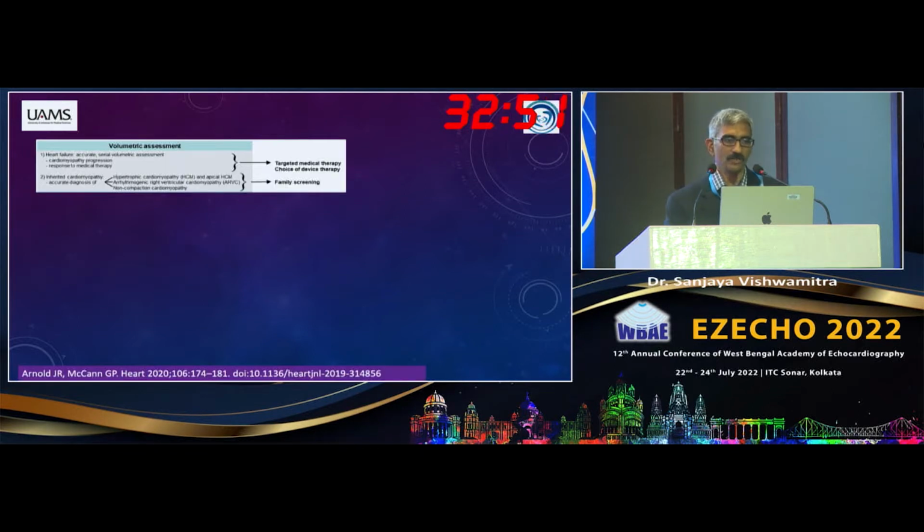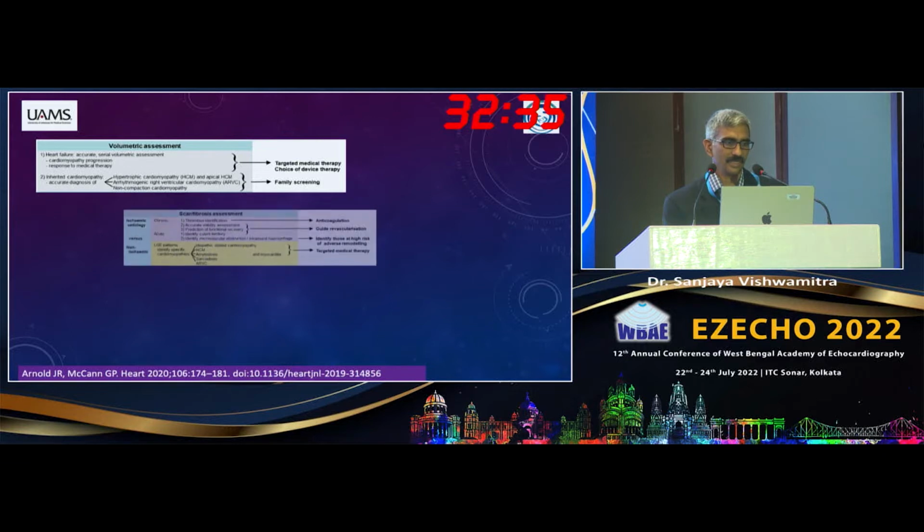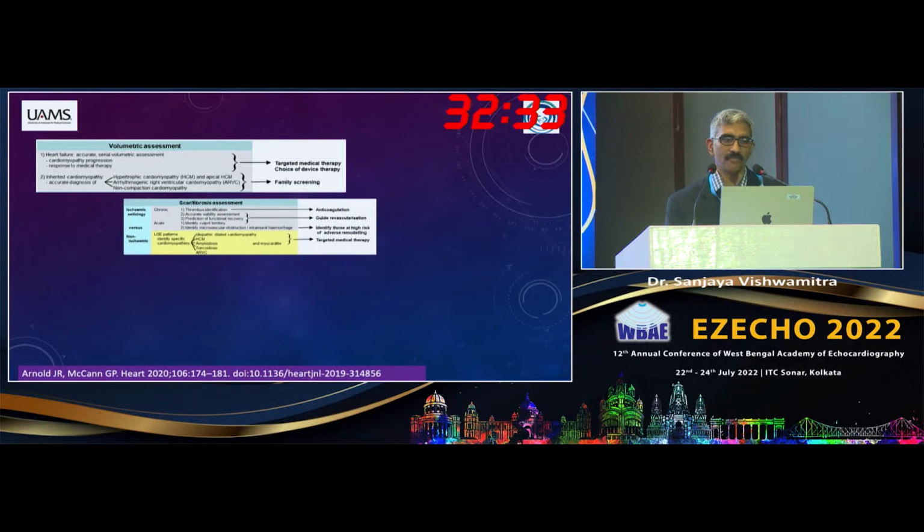The first thing that we know is that cardiac MR can give you volumetric analysis by virtue of having excellent endocardial and epicardial volumes and good contrast between the myocardium and the cavity itself. You can also look for scar or fibrosis quantification, and we know this is extremely important in looking for viability.